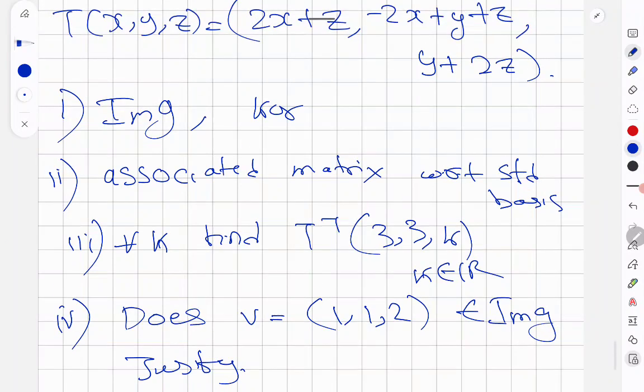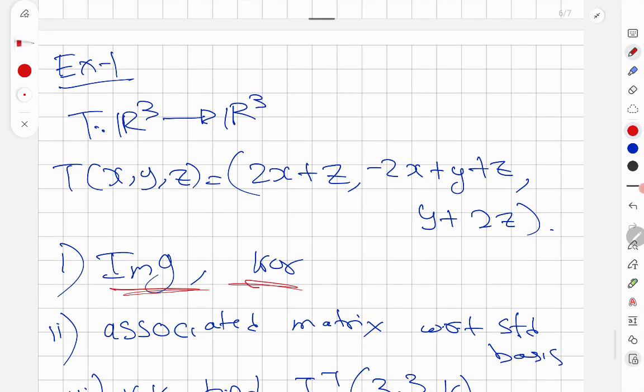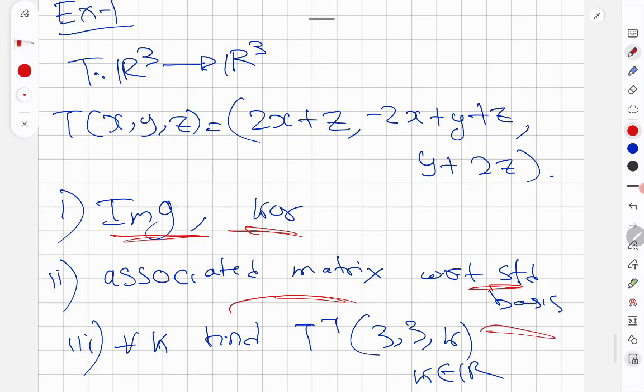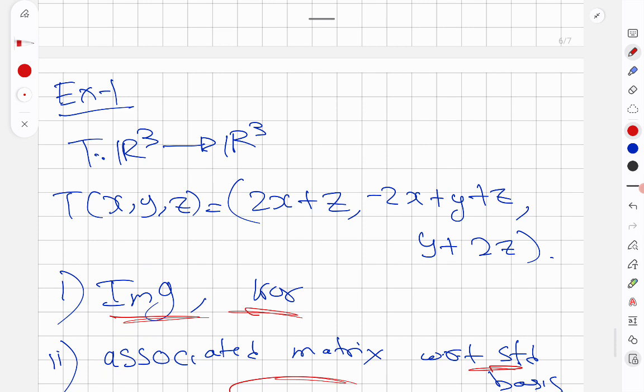Yeah, so this is the first question. It's a very basic question if you see. So first question is find the image, find the kernel, the associated matrix with respect to the standard basis, and yeah, let's solve this too. You know how to find the kernel, all you need to do is equate this to 0.